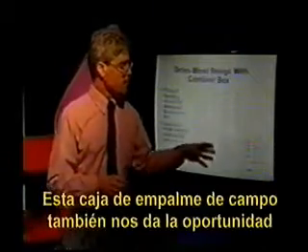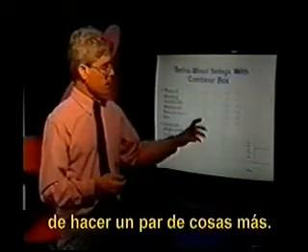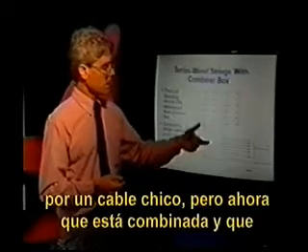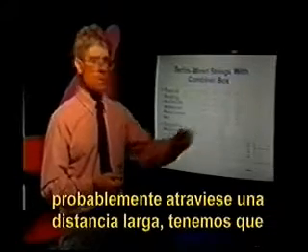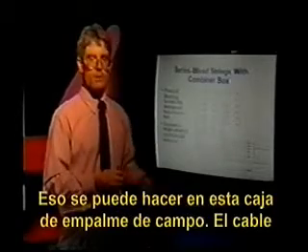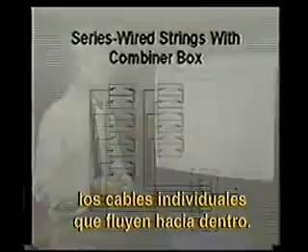This field junction box also gives us an opportunity to do a couple of other things. The current from the individual strings can be handled by a small wire, but now that it's combined and probably going a long distance, we need to turn that into a much bigger wire. Well, we can do that in this field junction box. The large wire flowing out can be much larger than the individual wires flowing in.